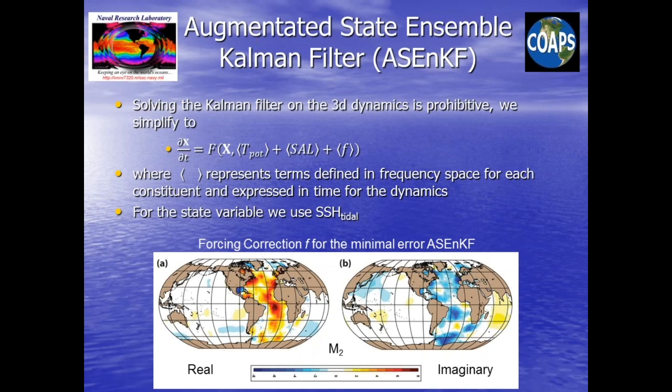So then you can run this machinery and you come back with this, which is that little f, that forcing correction. So this is the height forcing that I would apply to the model to give me the best tidal solution that I could have. And you can see that it's very, very large in the Atlantic Ocean, but there are patches around the globe to fix the solution.